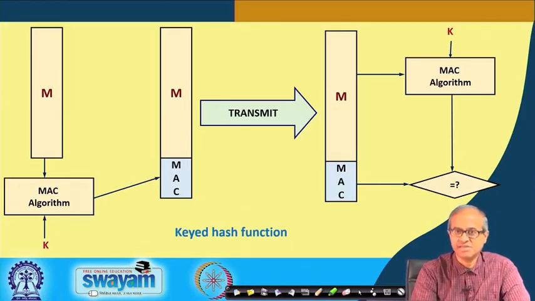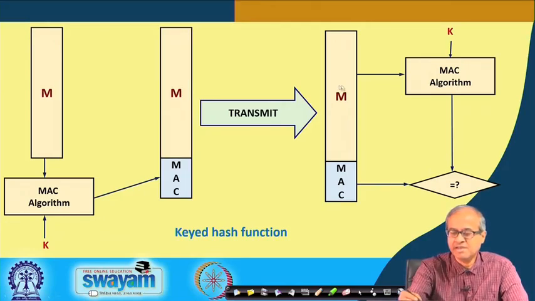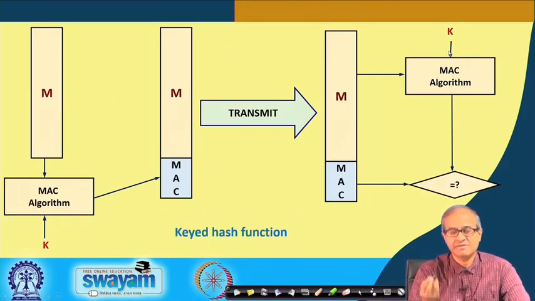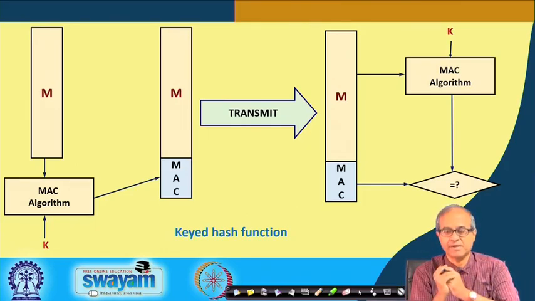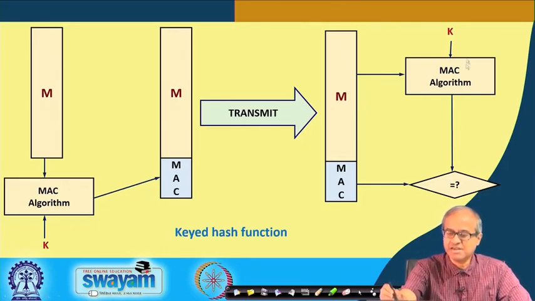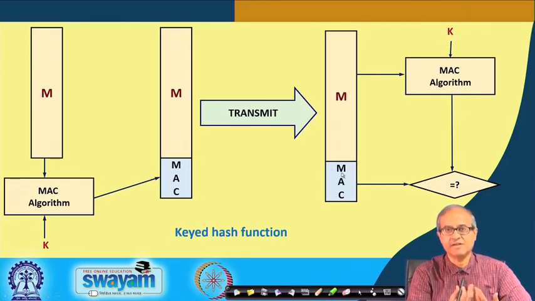This will be transmitted, and in a very similar way at the receiver end, this message will again be fed to the MAC algorithm with the same key value k. Again a MAC will be generated and you compare these two MACs. If the MAC generated using this key and the MAC which is transmitted are not matching, then either your key is wrong or your message was modified.